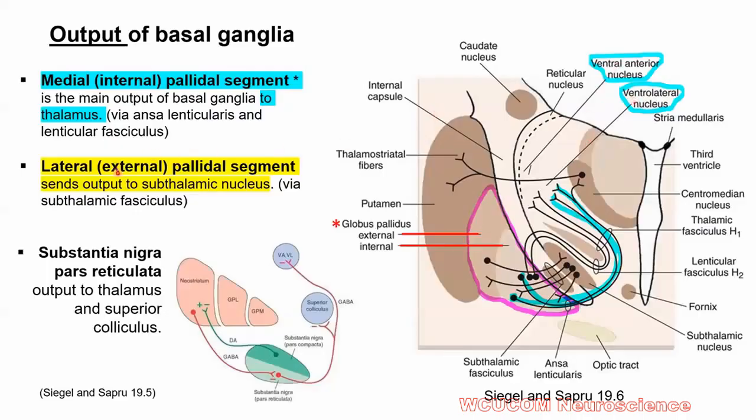Now from the lateral or external pallidal segment, the output goes to subthalamic nucleus. That uses the subthalamic fasciculus as a conduit.